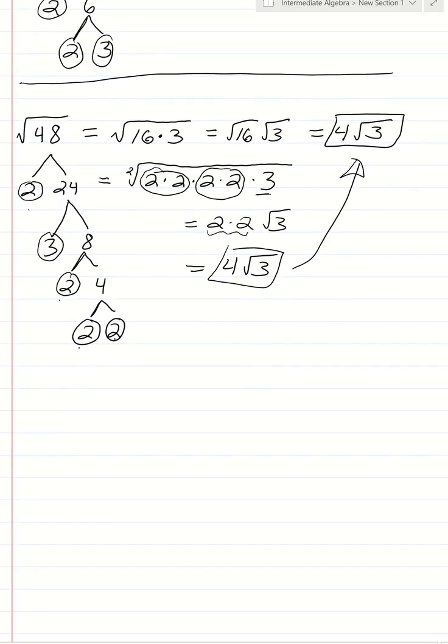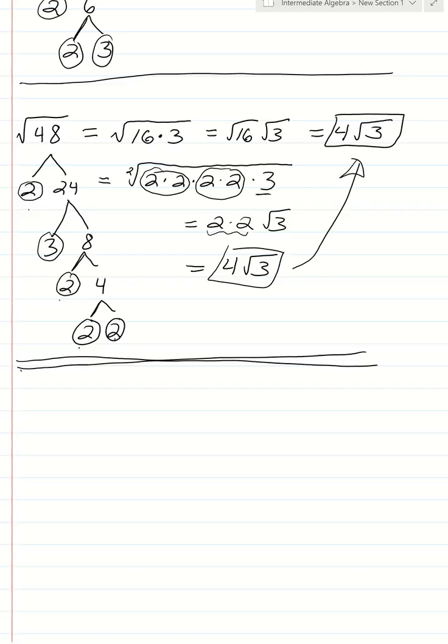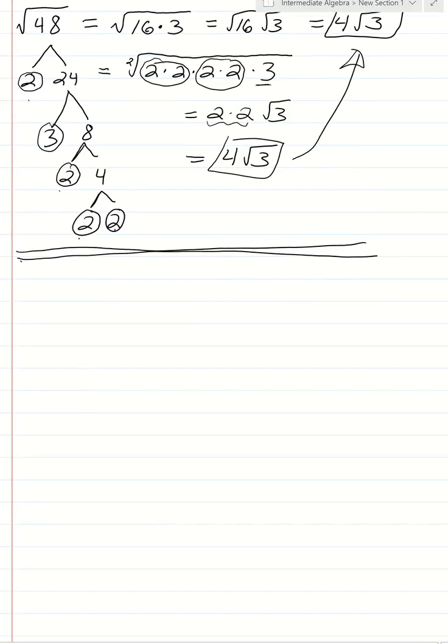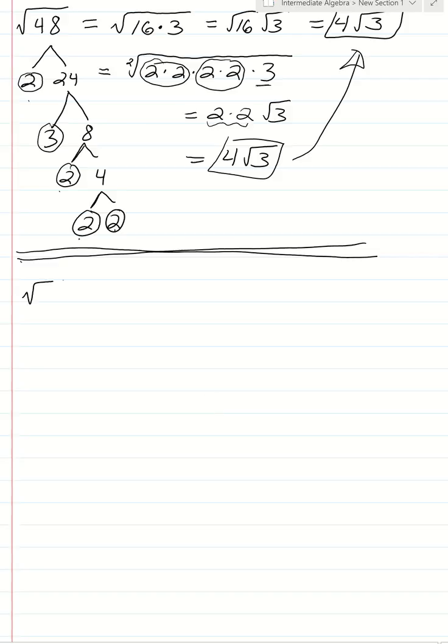I'm going to put up another example, and you should try it on your own. So I'm going to write down a problem, pause the video, try simplifying it yourself, and then start the video up again and see if you get the same answer that I did. So let's say we want to take the square root of the number 72.